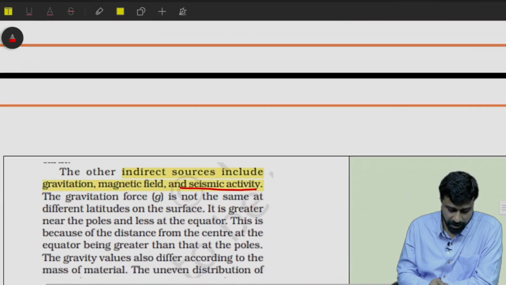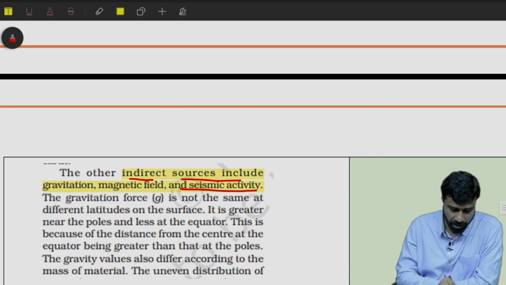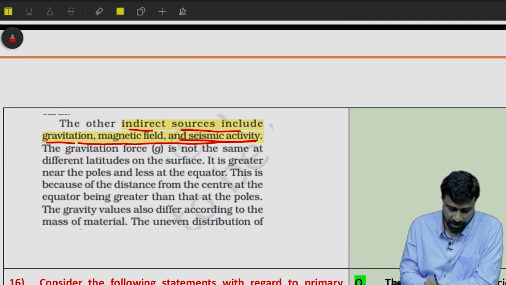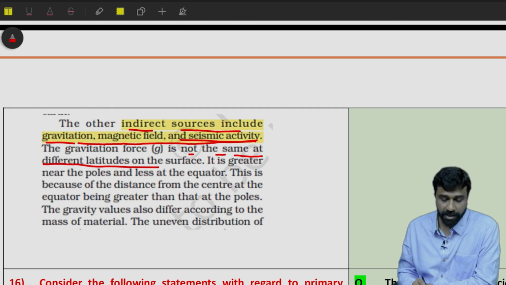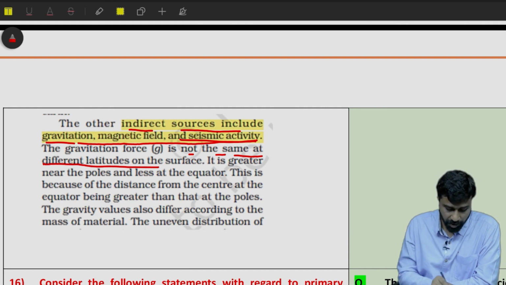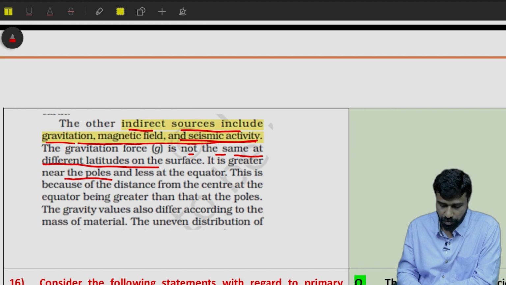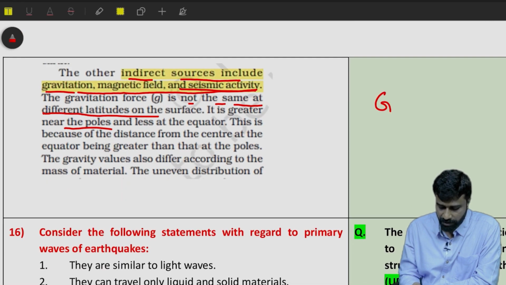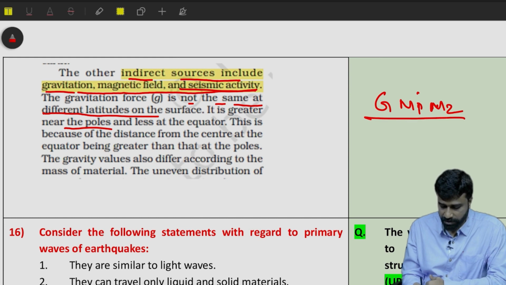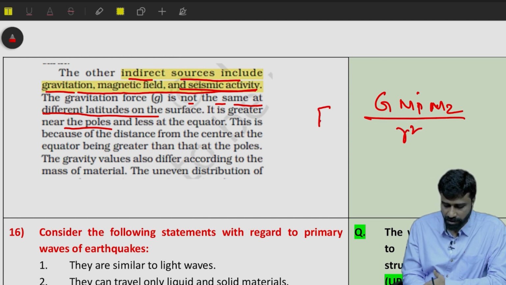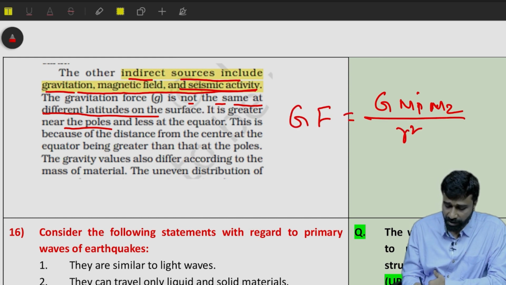But what are the indirect sources here? Indirect sources include gravitation, magnetic field and seismic activity. Gravitation force is not the same at different latitudes on the surface, because it is greater near the poles. If this is m1 and this is m2 and this is the radius, this is the gravitational force, right? This gravity is constant across the universe, 9.8 meters per second squared, that is fine.